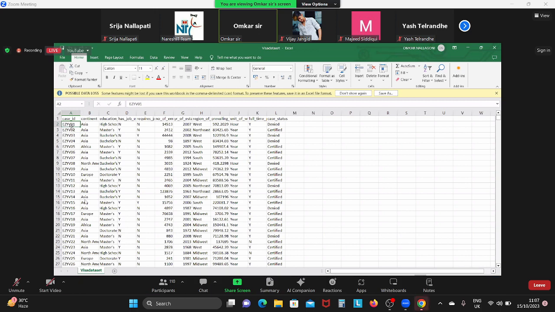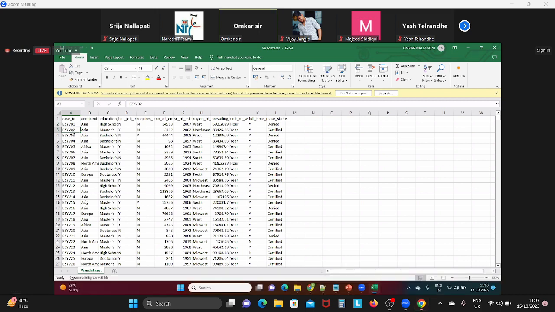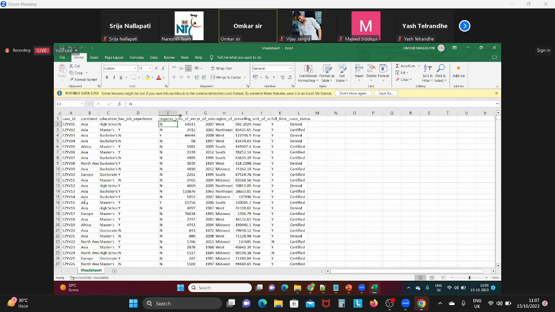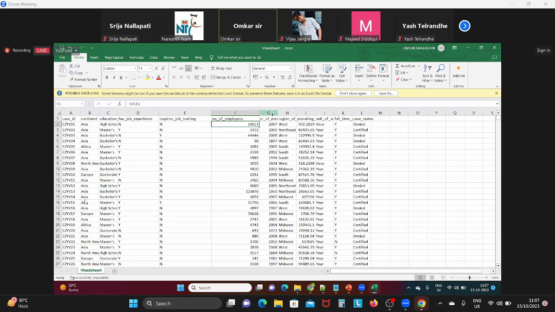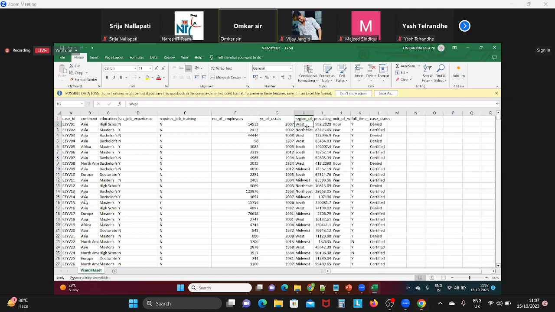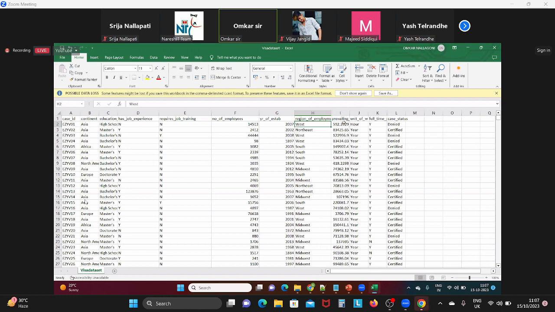His case ID is V01 and her case ID is V02, and they are coming from Asia. Their education, whether they have job experience, N means no, and whether they requested job training, N means no. Where she is applying, the company has approximately 14513 employees, when it was established, what the region is, how much the wage is, the wage per hour, and whether it is full-time or part-time.